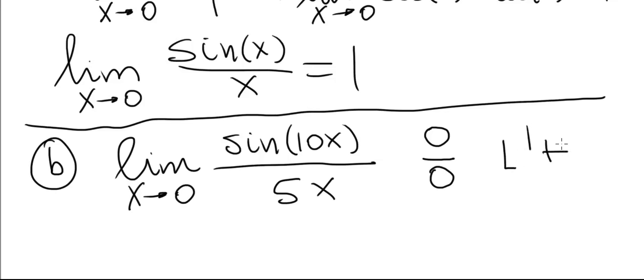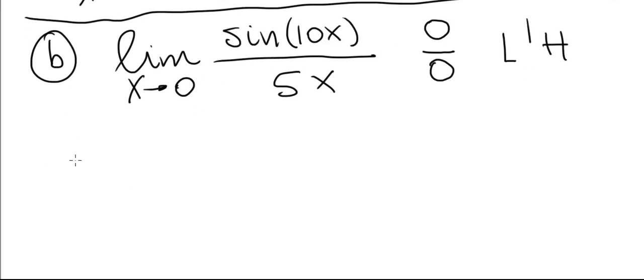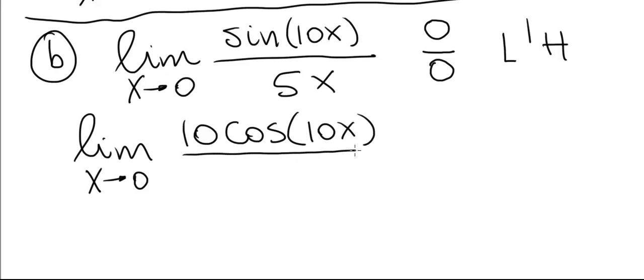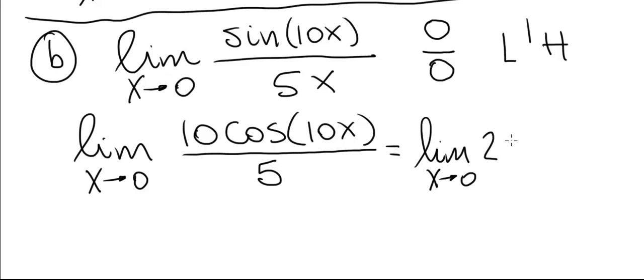We apply L'Hopital's rule and look at the limit as x approaches 0 of the derivative of the numerator, which is 10 times cosine of 10x, divided by the derivative of the denominator, which is 5, and that's the limit as x approaches 0 of 2 times cosine of 10x.